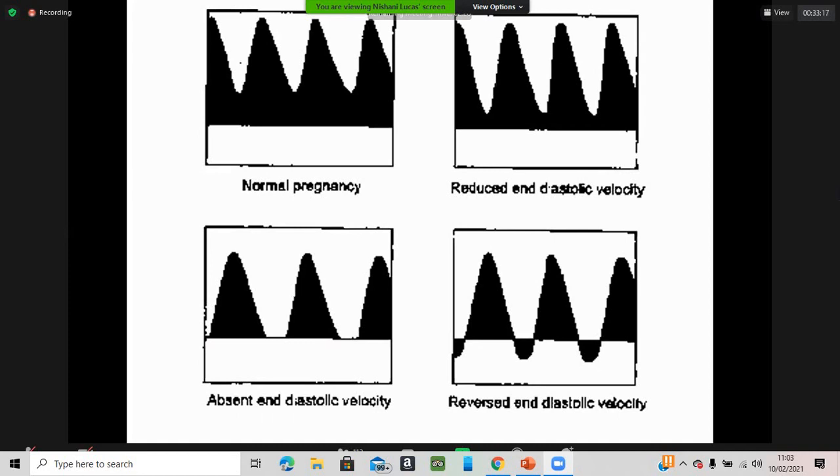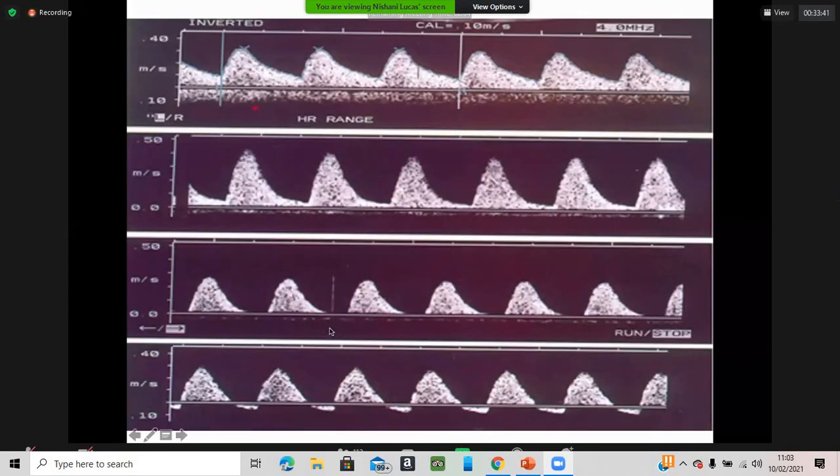If you don't, there is a limit to what the body can cope with. The brain and the heart will get ischemic. Either the baby will die or the baby will have a very poor neurodevelopmental outcome. So it's very important that the baby is delivered before it gets into this reverse diastolic velocity, this poor blood flow pattern.